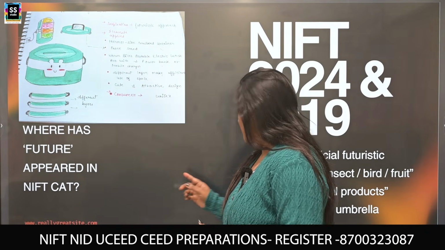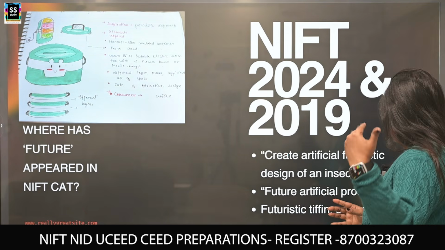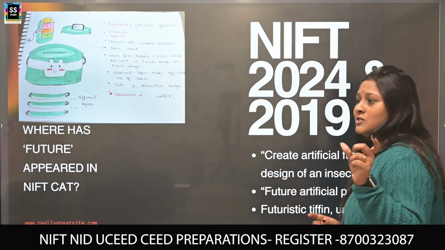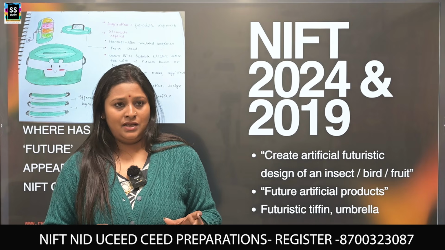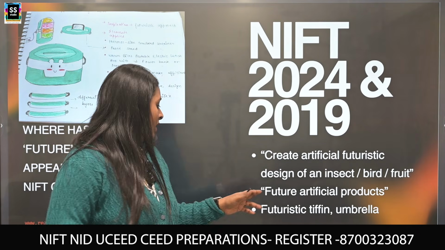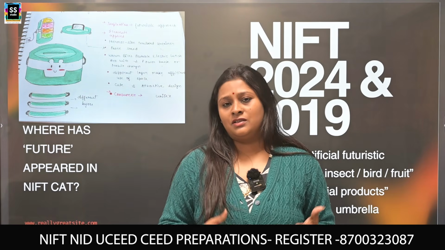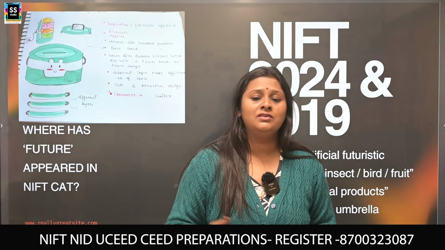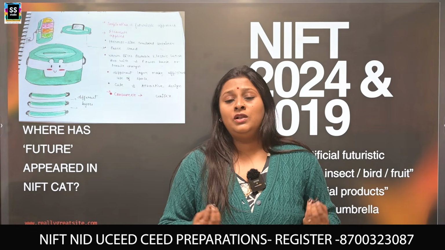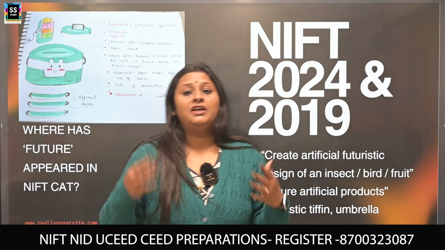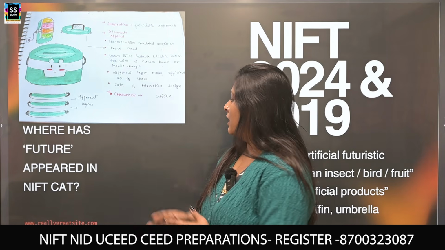The word artificial suggests that it is not in the normal form of an insect or fruit, it's in an artificial or toy form. And tiffin and umbrella are products we all use in our daily life. So after 20 years, what innovative approach will we see in the umbrella or tiffin? That was the question.